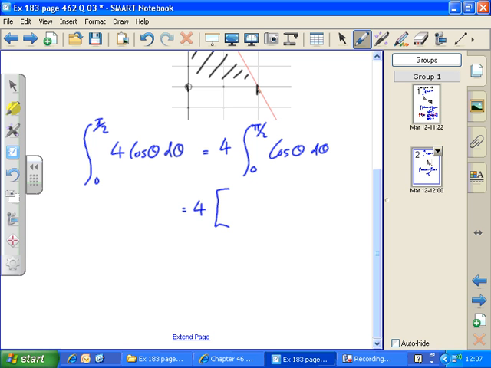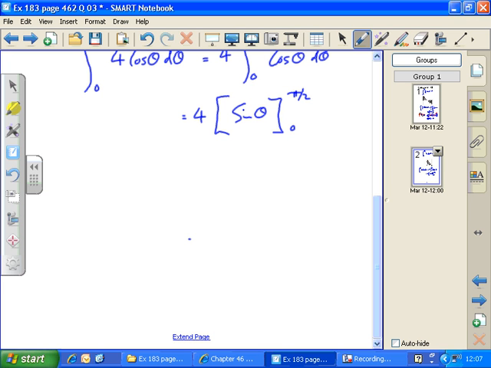Sine, so this will be sine theta between 0 and pi by 2. So again, we can put the limits in. So this equals 4 sine pi by 2 minus sine 0.